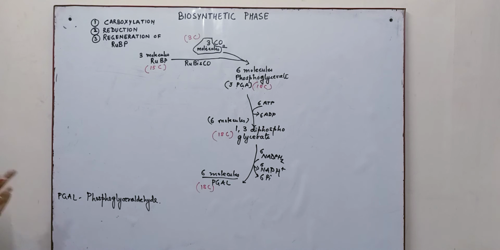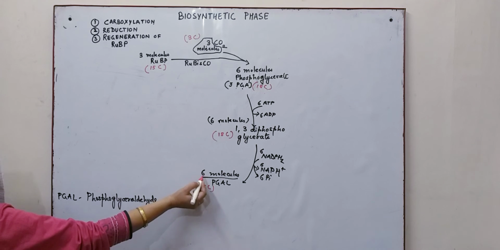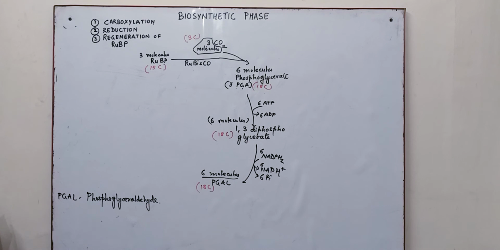The phosphoglyceric acid has been reduced to aldehyde over here, and 6 inorganic phosphates will be produced during the process. It is a 3 carbon atom compound. This PGAL is also a 3 carbon atom compound. So 6 into 3 we have 18 carbon over here.